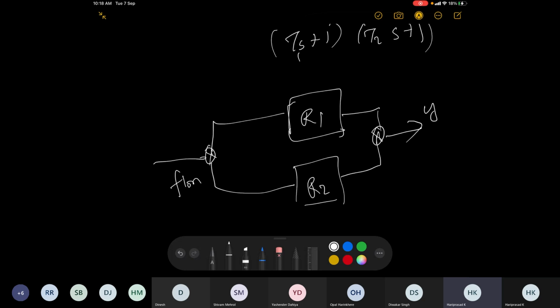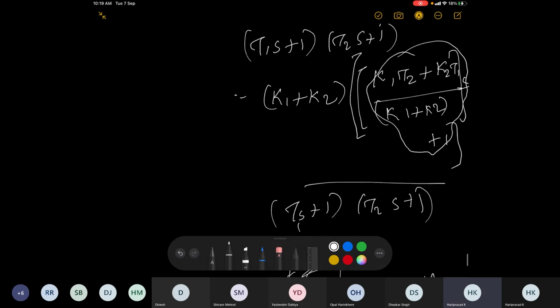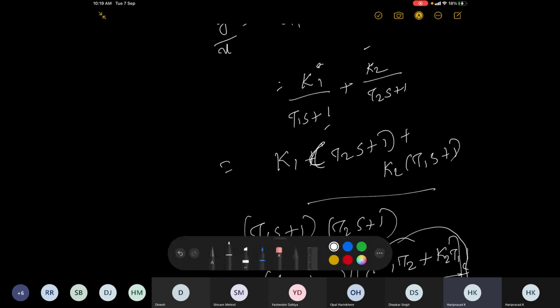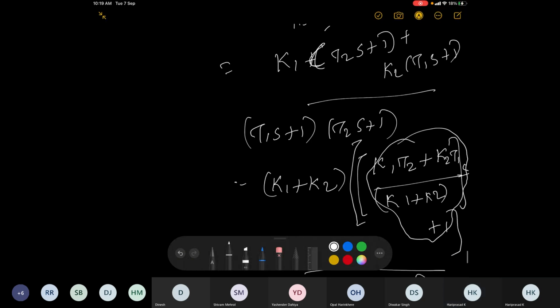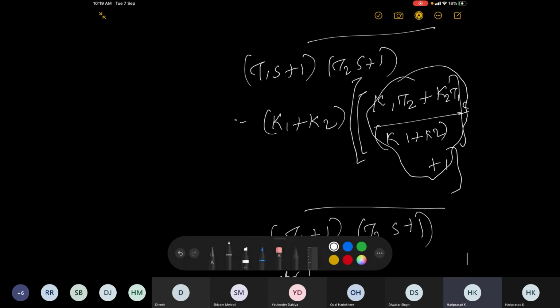It's a very common scenario in any industry. So your raw material goes to reactor 1, reactor 2, and finally this is your product. Very standard scenario. Assume each has first order dynamics as here, but when they are put together, it brought in a zero.